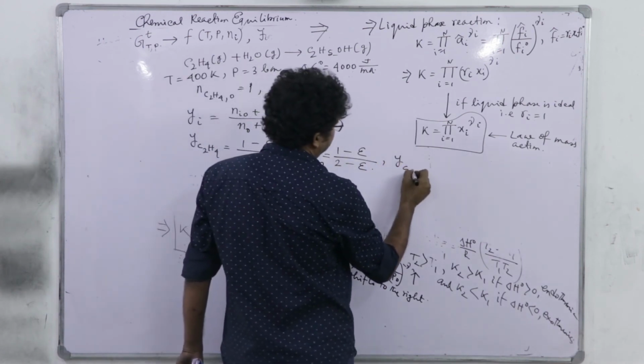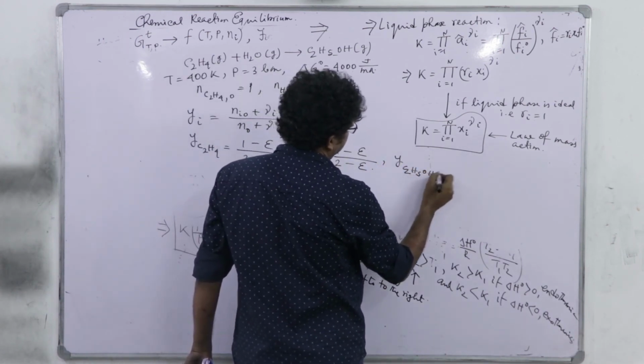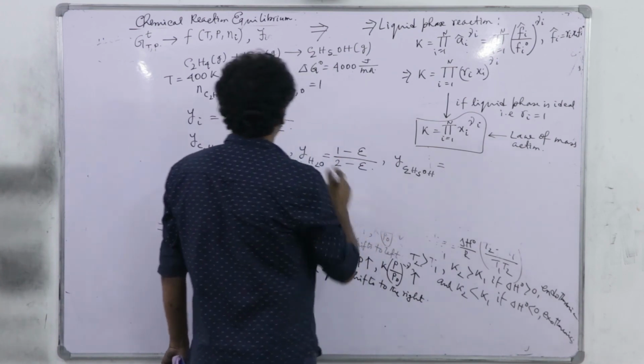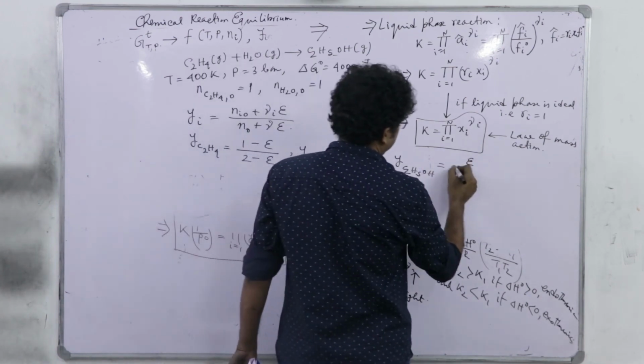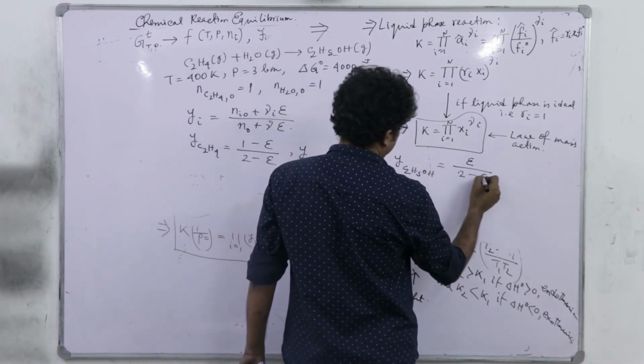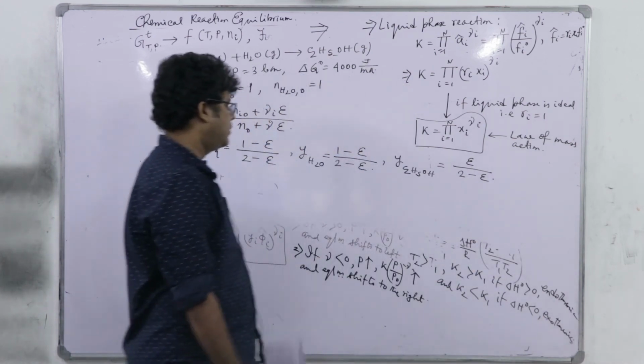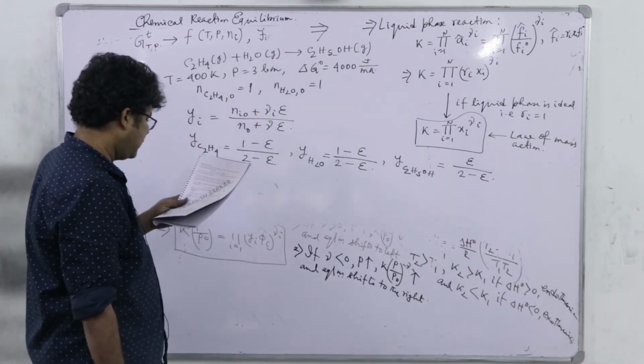And Y_C2H5OH, there was initially nothing, so it is epsilon divided by 2 minus epsilon.